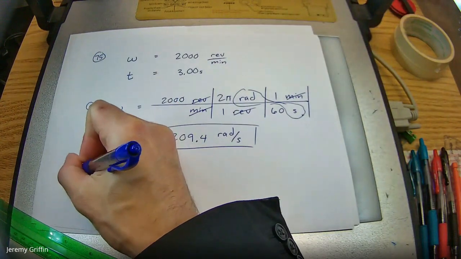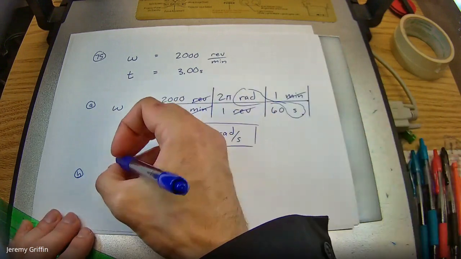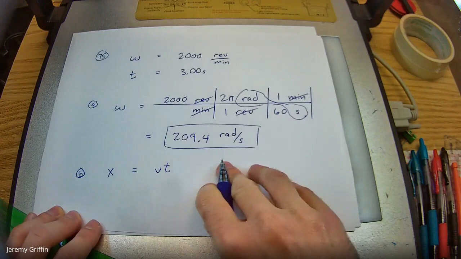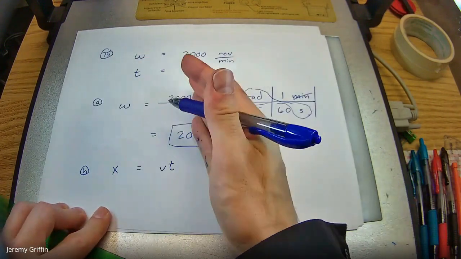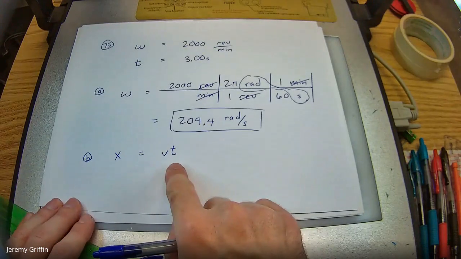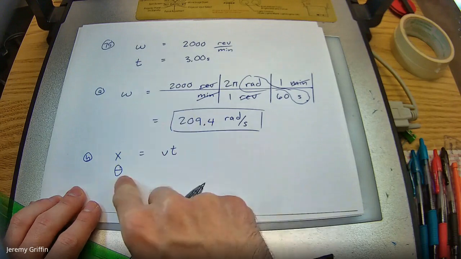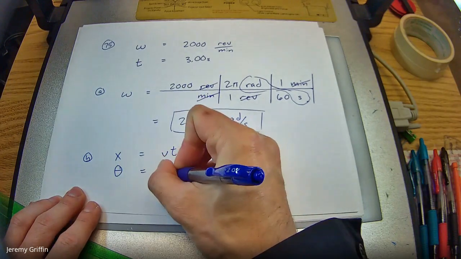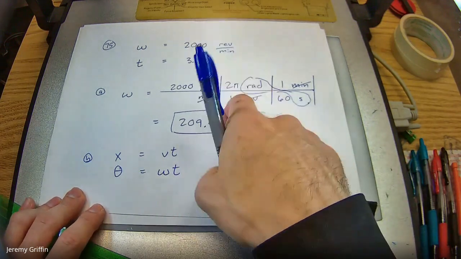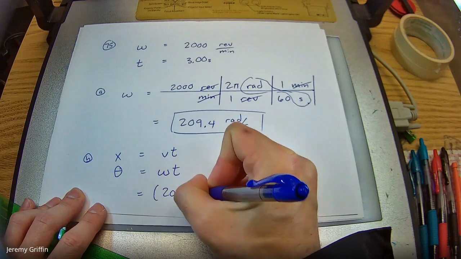What's part B? Part B says how far does it turn in that time interval? Okay. You guys remember how distance equals speed times time? Now, what I just wrote is for linear motion, but the rotational equivalent is this: how far something turns is equal to how fast it's spinning times how much time. And we know how fast it's spinning because that was the answer to part A. That's 209 radians per second.